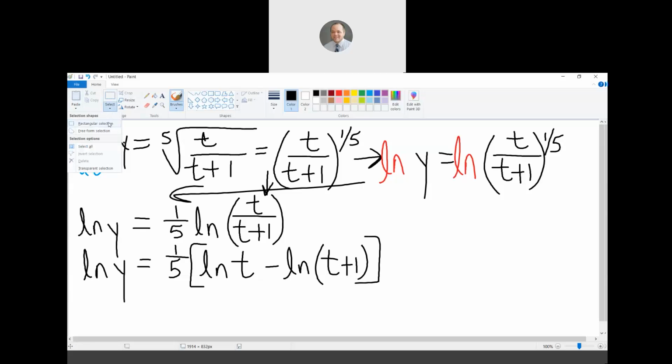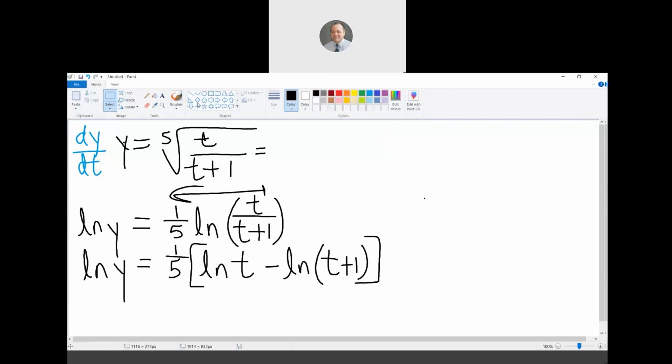Now we're ready to take the derivative of both sides. The derivative of natural log of y is 1 over y, and since we're taking the derivative of y with respect to t, we must include the ratio dy over dt. On the right-hand side, the derivative of natural log of t is just 1 over t.